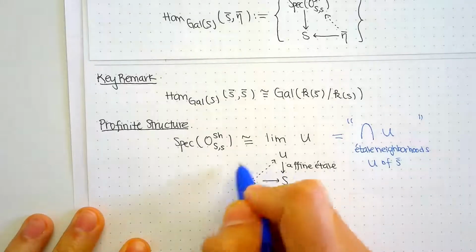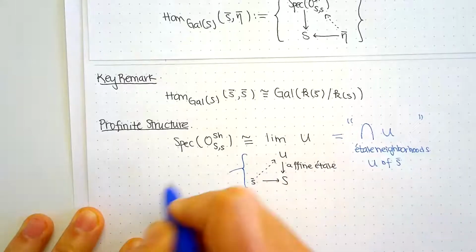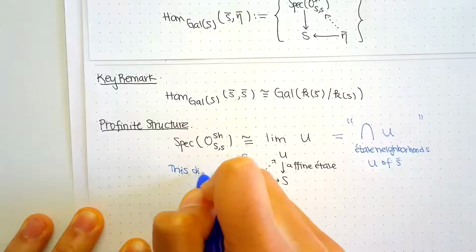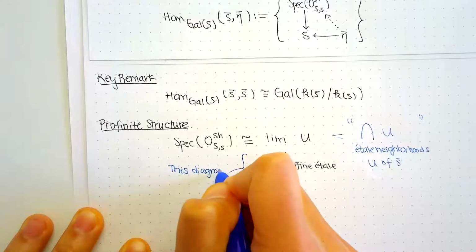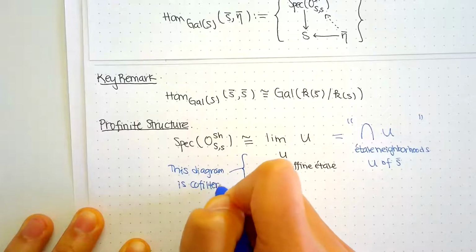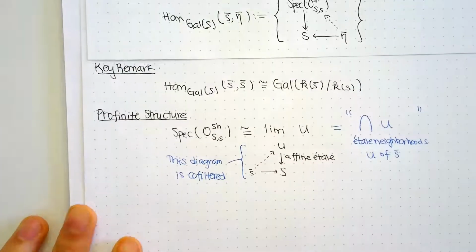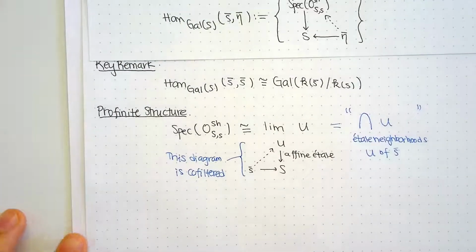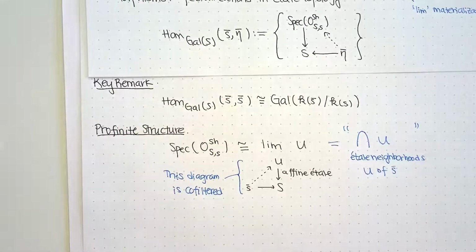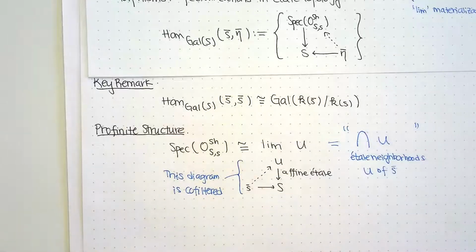And the other key remark is that this diagram is co-filtered. So it suggests that you might be able to regard this set of morphisms as some profinite set by pulling a limit out.